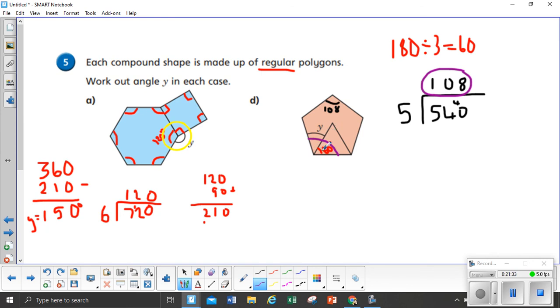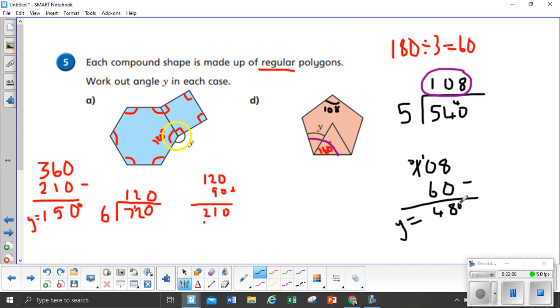I already know this bit here is worth 60, so I need to subtract 60 from 108. Nothing from 8 is 8, 6 from 0, can't do, that's now 4. So Y equals 48.